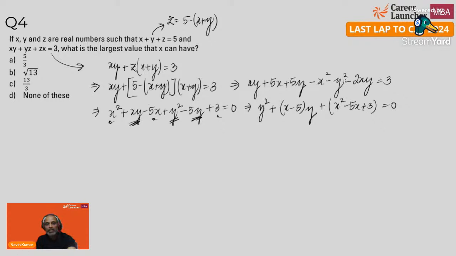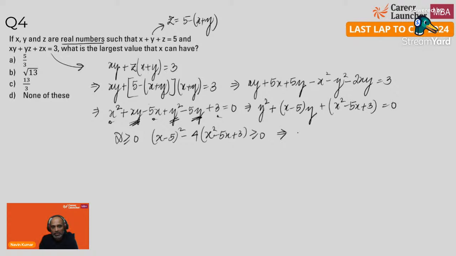Right? Okay. Now we are told that these all are real numbers. So if y is a real number, its discriminant should be greater than or equal to 0. Now its discriminant is going to be b² - 4ac.